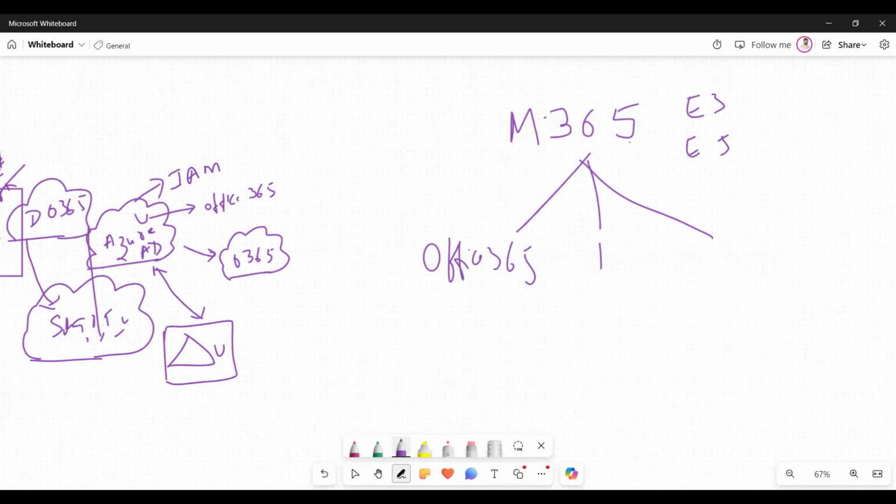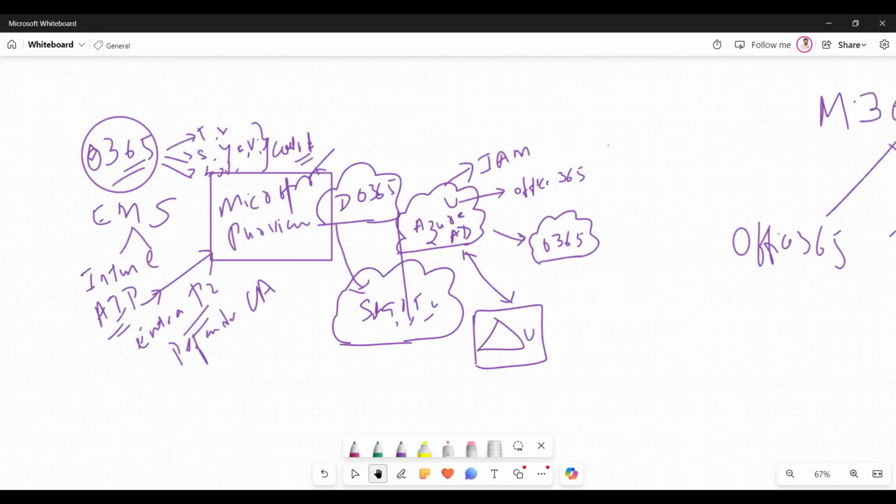And you get Intune, but Intune as a separate license, and you get the Defender suite. And there are multiple Defenders. But what I was talking about here is, say for example, Defender is a product that only provides security to your Office data that is there in your Office 365 tenant.